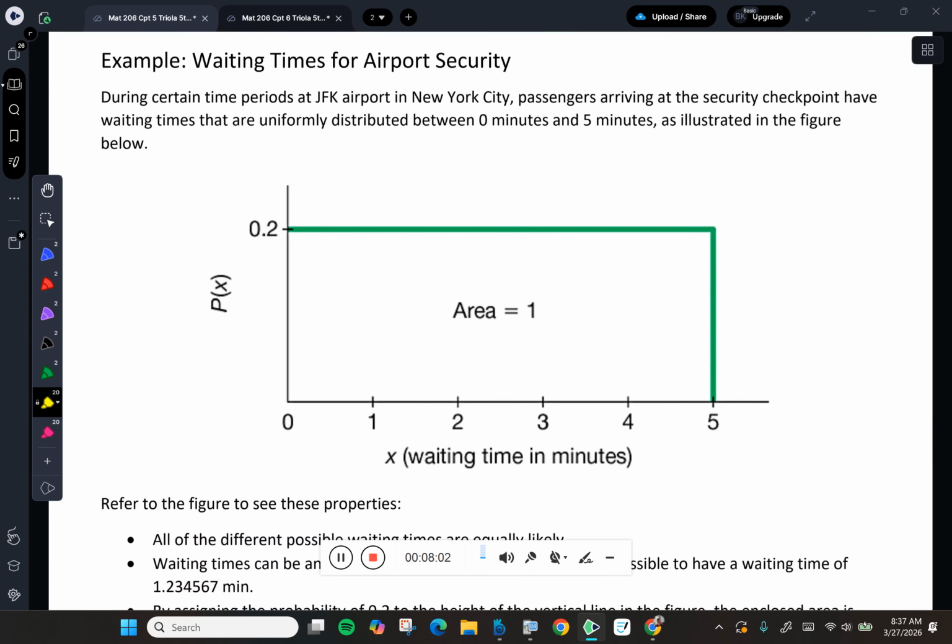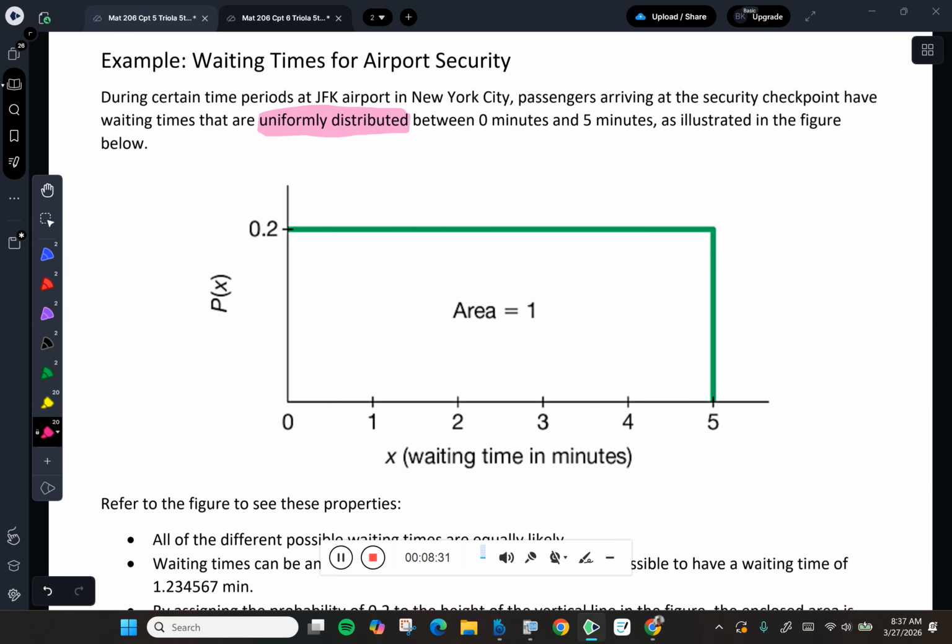During certain times at JFK Airport in New York City, passengers arriving at a security checkpoint have waiting times that are uniformly distributed. All right, I want to stop right there and point out something. This phrase right here, uniformly distributed, means something. Right? To say that the wait times are uniformly distributed means that their probabilities are evenly distributed over the entire range of values.